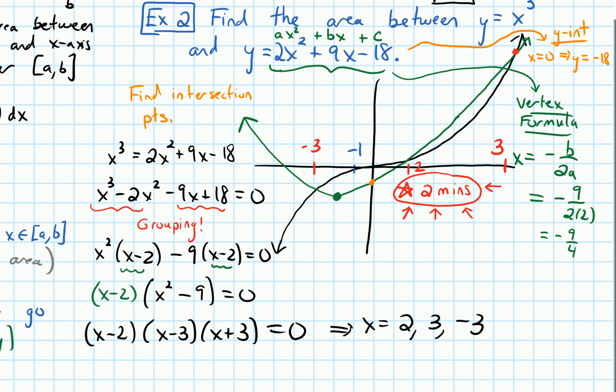So what we see now is there are two regions here. There's this first region, I'm going to call this A1, that we need to find the area of. And there's this other region, area 2, which is this region over here that we need to find the area of. But going from area 1 to area 2, the top and the bottom functions switch. So I'm going to need a separate integral for each of those regions.